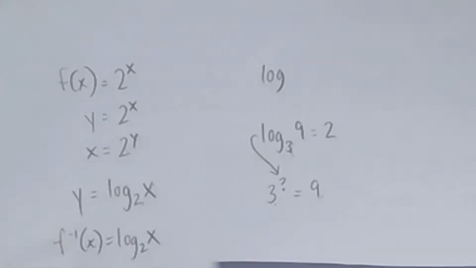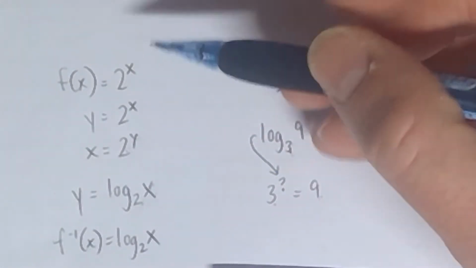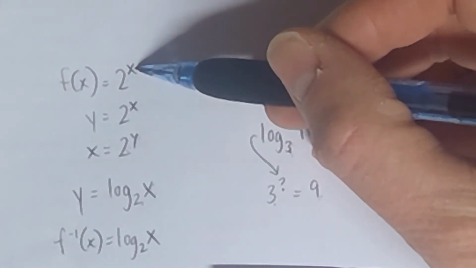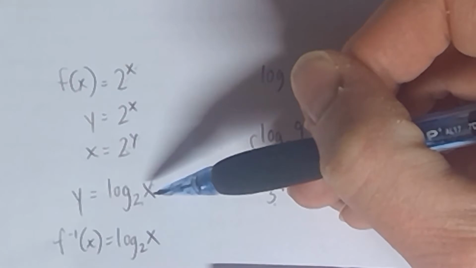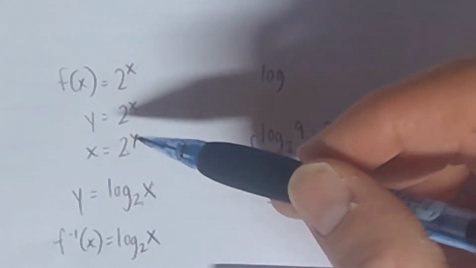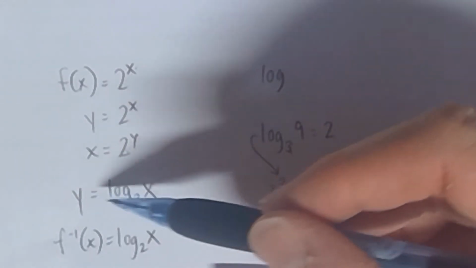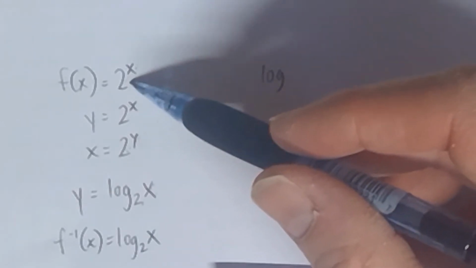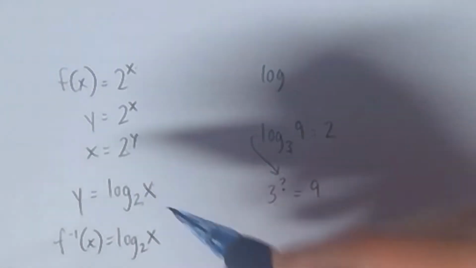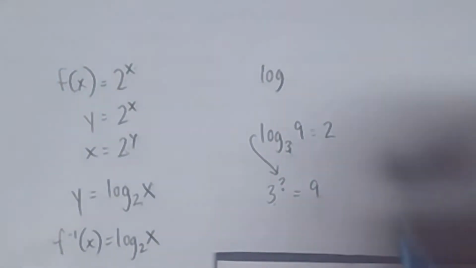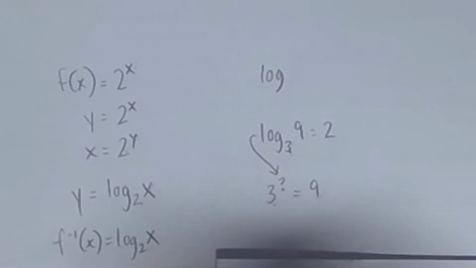So one other thing I want to point out. If 2 to the x has an inverse, and we figured out the inverse of this ended up being y equal to this log. So if 2 to the x has an inverse of log base 2 of x, and you see I wrote that here, you don't need to write that down right now. I was just helping you understand where logs come from.